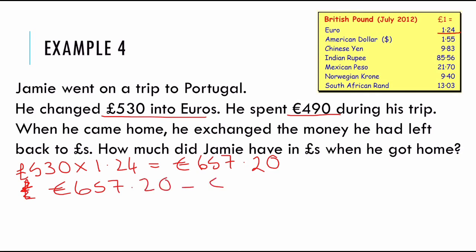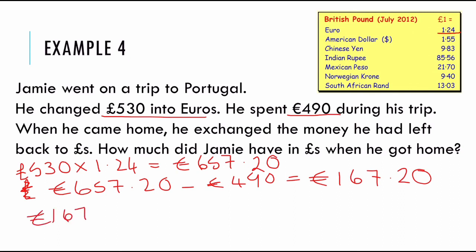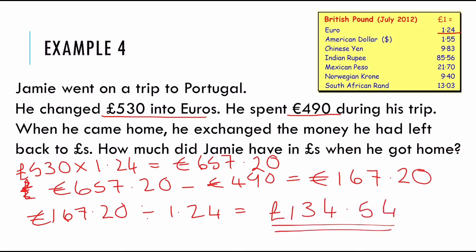And if I take away the 490, that means he still had €167.20 left over. So he changed that back into pounds. So if we're changing back into pounds, we are dividing by the exchange rate of 1.24. And that means he had £134.54 left in pounds.